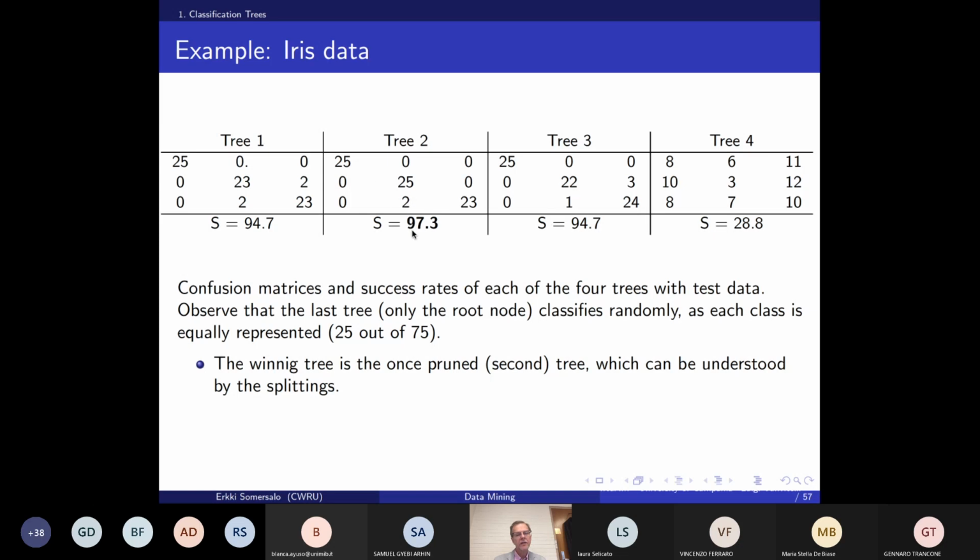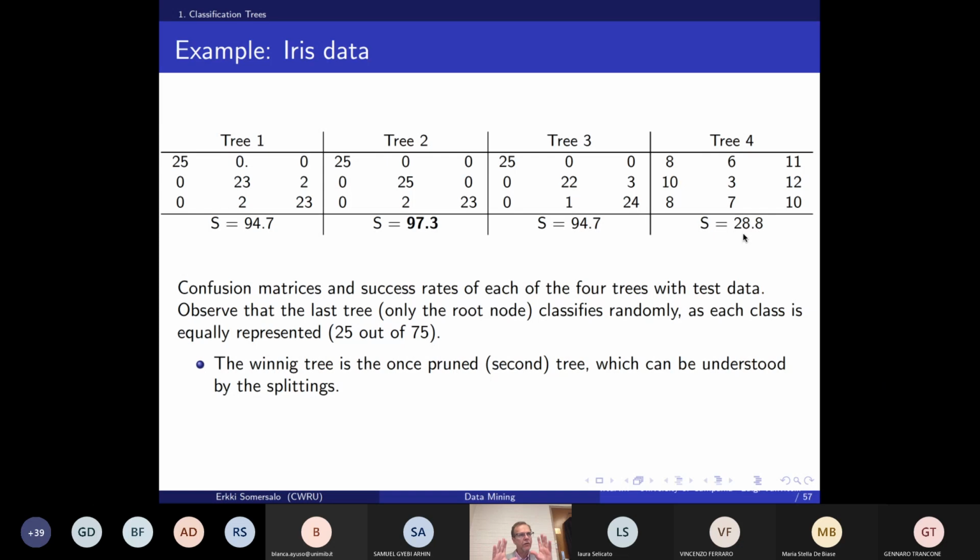And so now I see that the classification rate is 97.3. Then I go to tree number three, and I see that the classification rate is again the same as it was in the first tree. And the last tree, it is 28.8.